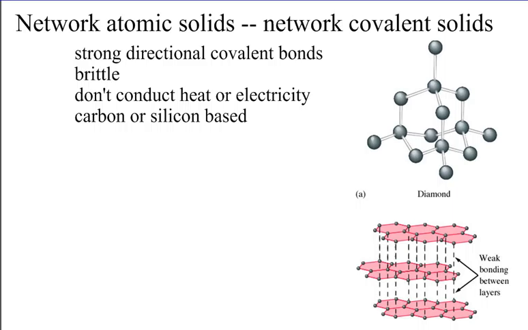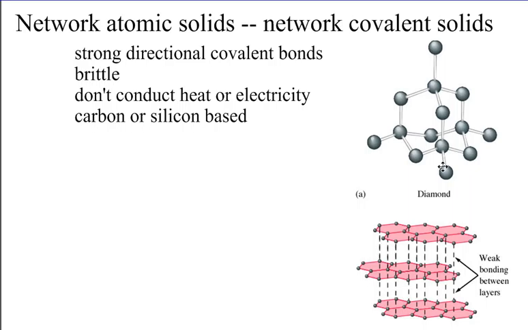So let's go back to the three main types of solids again: network covalent solids, ionic solids, and molecular solids. Network atomic solids, or network covalent solids, are ones in which atoms are found at each of the lattice points. So for example, in diamond, there is a carbon at each point in its lattice.